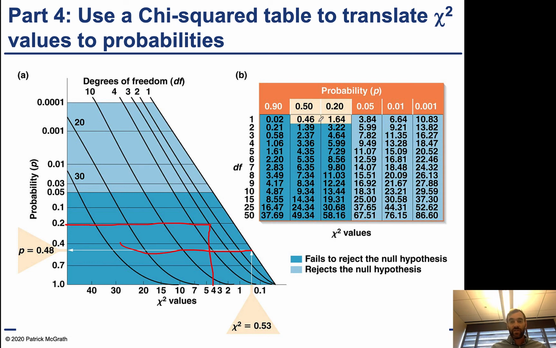You can also calculate this using a table. In this case, the chi-squared value is 0.53, and the table gives you a range. We know that 0.53 falls within 0.46 and 1.64, so the probability is somewhere in between 0.25 and 0.5, which agrees with that.